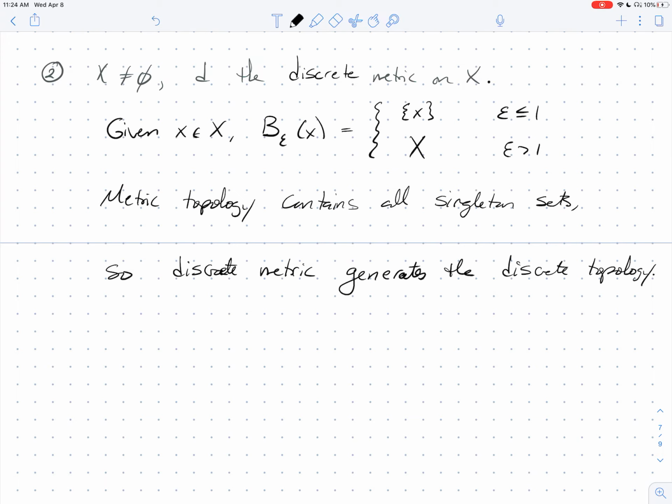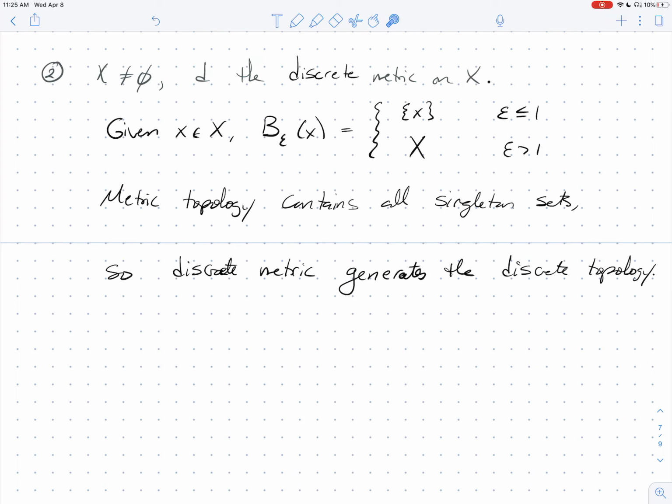The discrete topology is where every possible subset of X is open. And we proved that anytime all the singleton sets show up as open sets, then you've got the discrete topology. Well, our metric topology, when you take the discrete metric and you look at the topology it generates, is going to contain all the singleton sets. And so somehow the name makes more sense, right? The discrete metric actually generates the discrete topology.